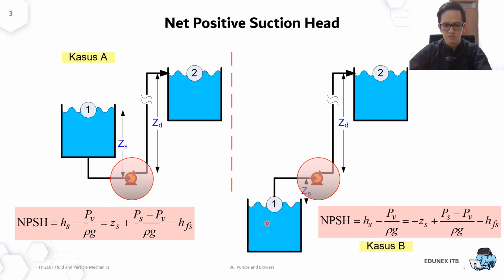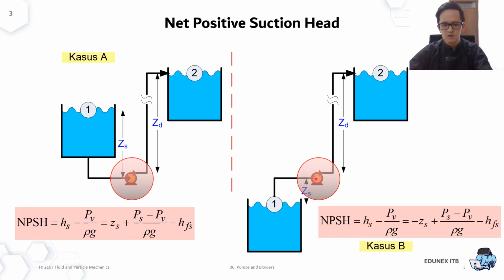Of course, it's going to be P1. So at the exact suction point of the pump, there is a risk that the pressure is already lower than the source, and it will increase the risk of vaporization. That's why it's negative.